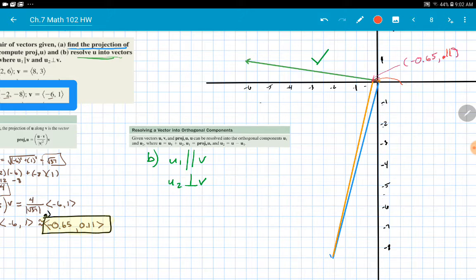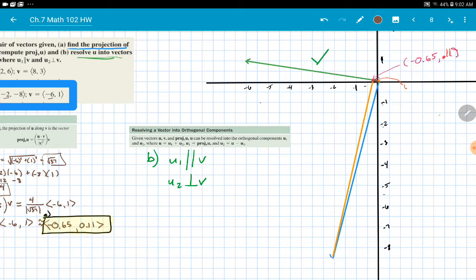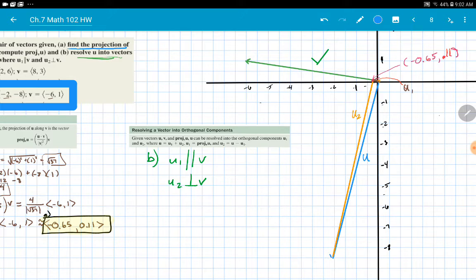So that is going to be the U1. And then U2 is the orange part. U2. So when I add U1 and U2 together, I get U. So U equals U1 plus U2.